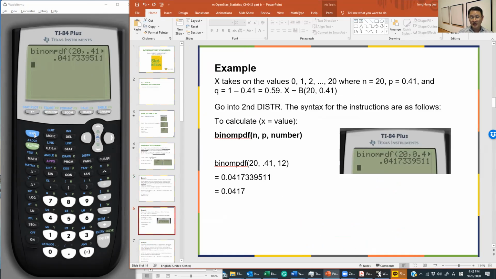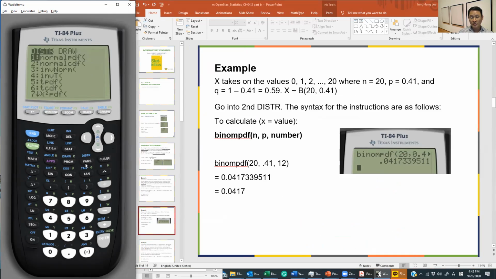Go to second F, go to distribution, VARS, move all the way down to binomial PDF and enter. Trials 20, enter. P-value 0.41, enter. And X is 12, enter. And then just like that.